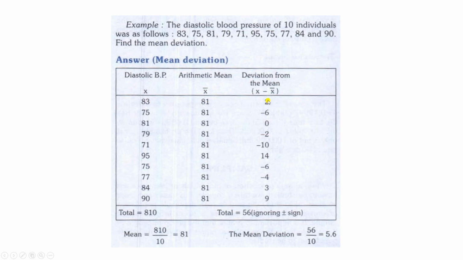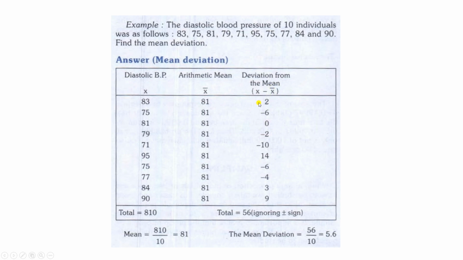So this is 2. 75 is 6 less. So 6. Since this is on the negative side, we have mentioned the negative sign here. These two are exactly the same, so we have mentioned 0. All right. So these are the individual differences of the particular observation from the mean value, x minus x bar.